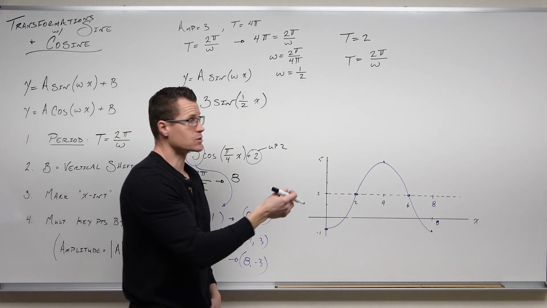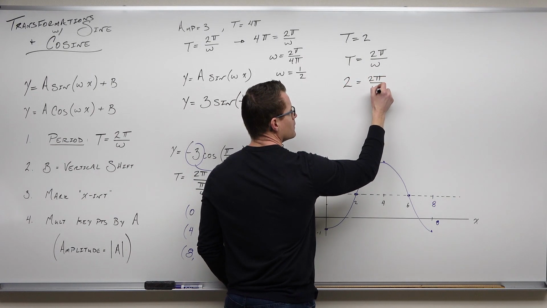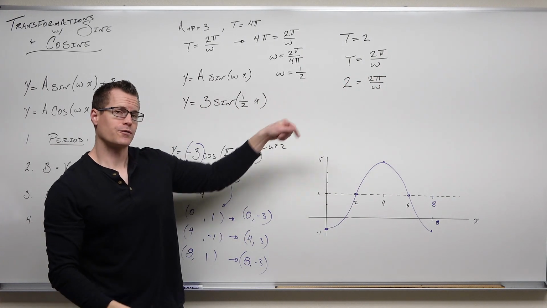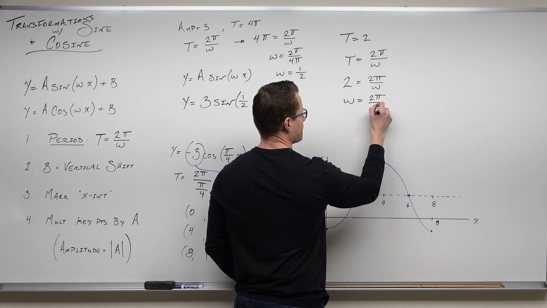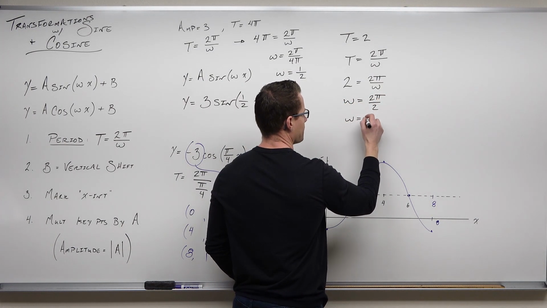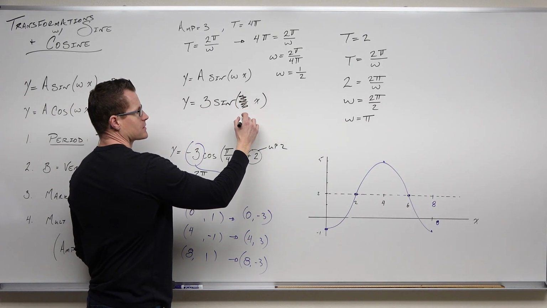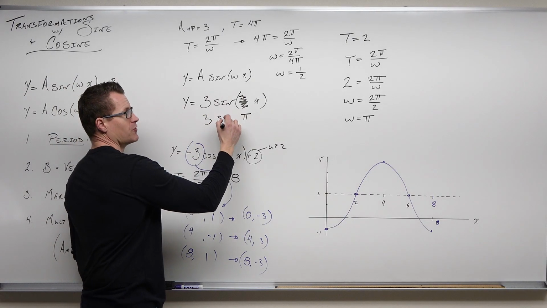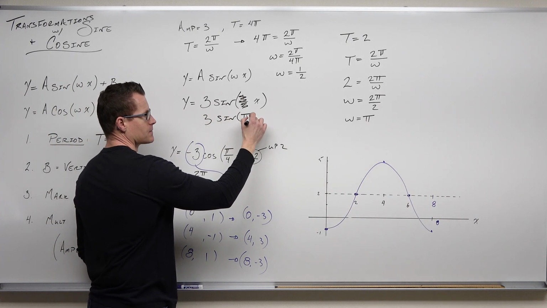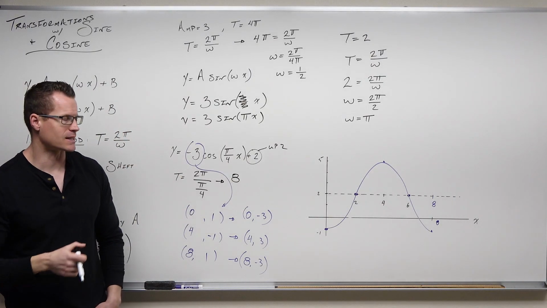So if we know that T is 2, then we can solve for omega. And omega would be pi. So we just change this to pi, and we would get sine of pi times x.